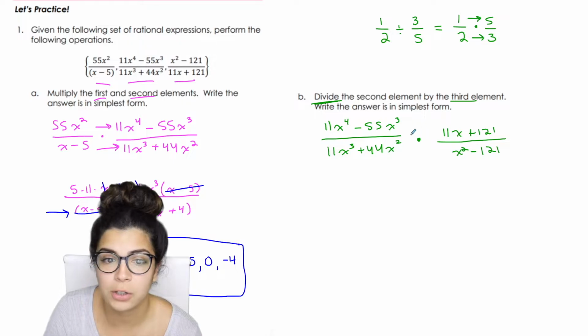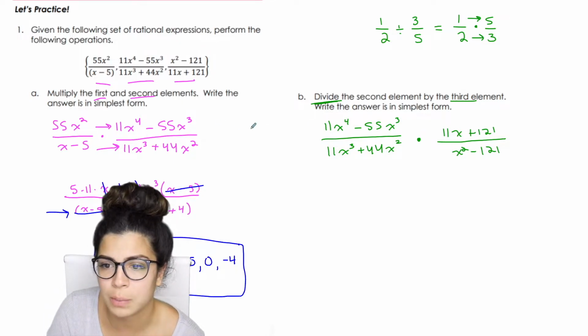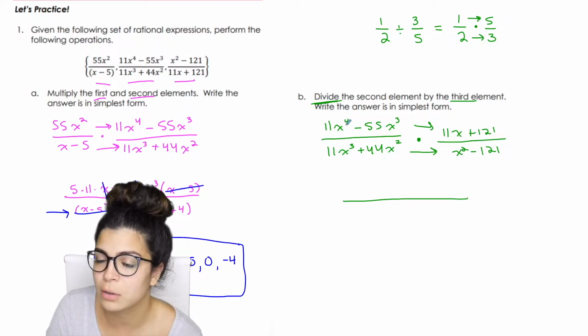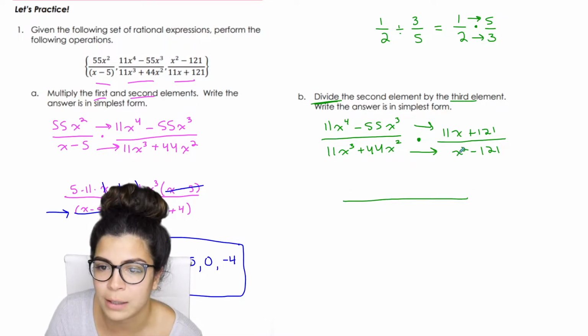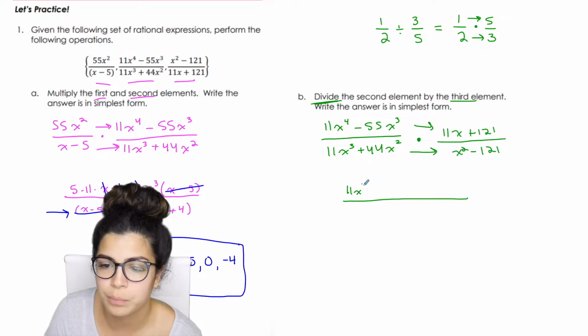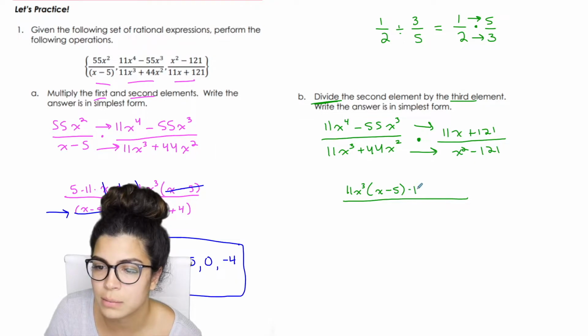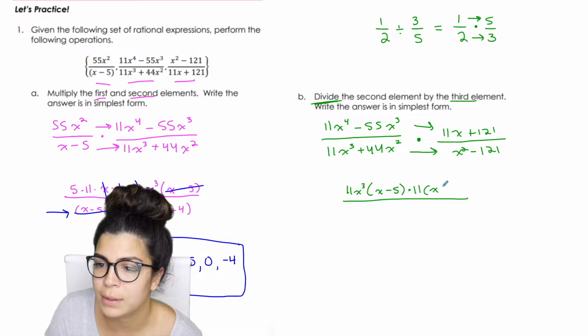Now that it is multiplication, I could do just like I did before, multiply top times top over bottom times bottom. Again, I want to factor the numerator and factor the denominator. So I could factor out an 11x cubed, and that would give me x minus 5. And here I could factor out 11, so these two are multiplying, and that would give me x plus 11.